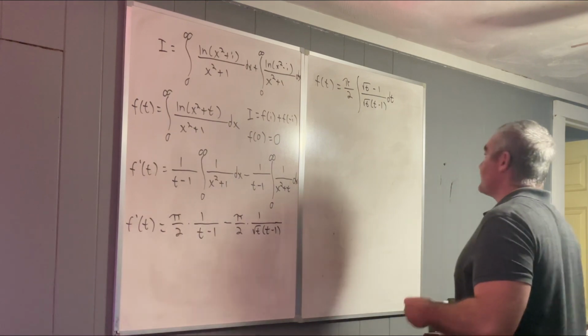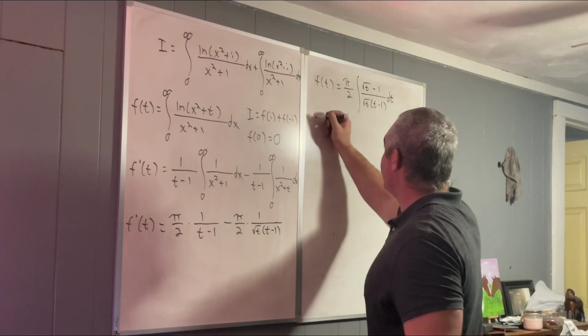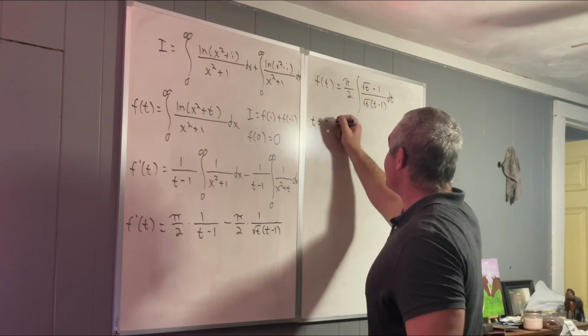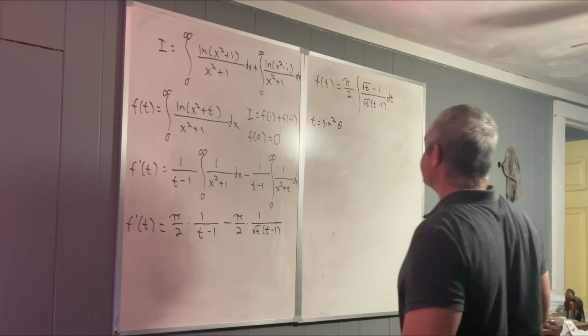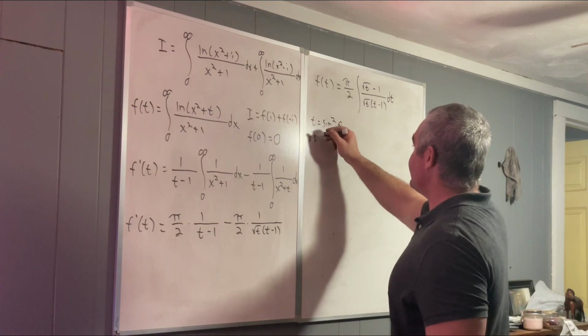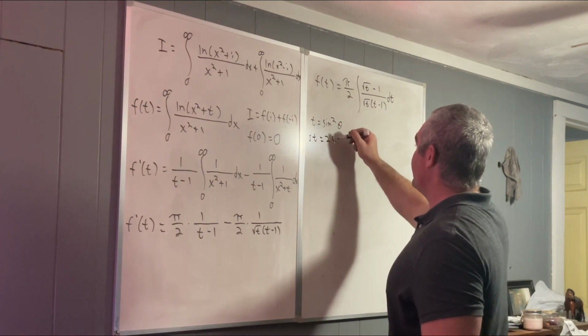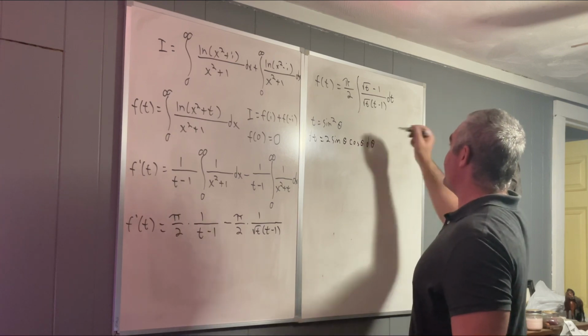All right, so let's go ahead and make the substitution that t is equal to sine squared theta. What does that give us? That gives us dt is equal to 2 sine theta cosine theta d theta.